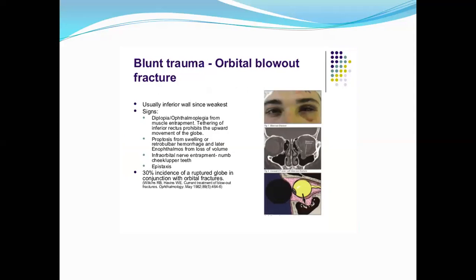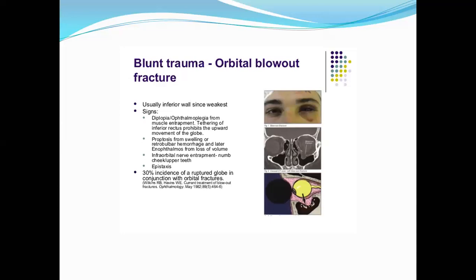Diplopia is a sign of significance, and it may be due to entrapment of the muscles, and that should be excluded beforehand, because if there is any neurological reason for the diplopia, a neurosurgeon should be consulted.